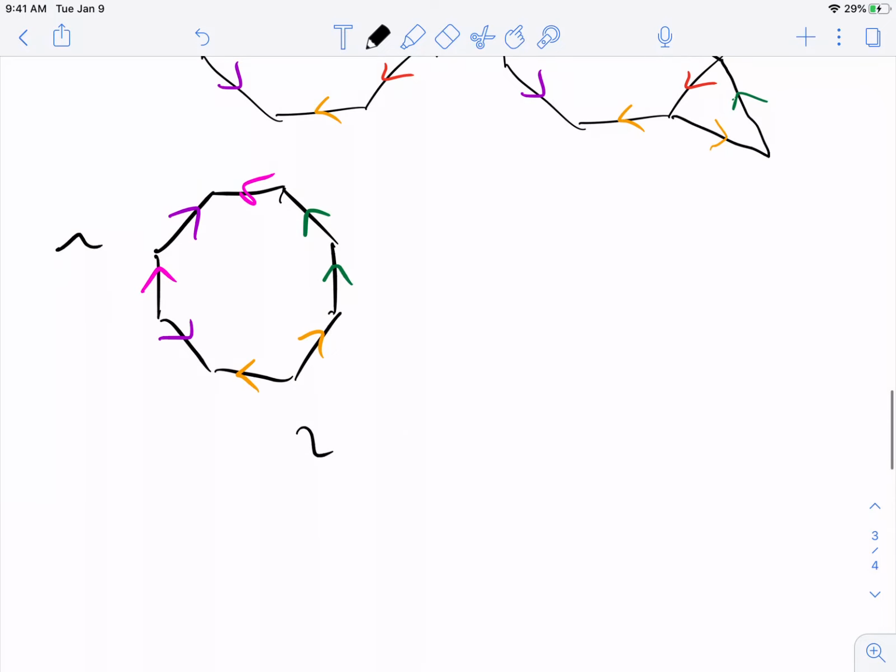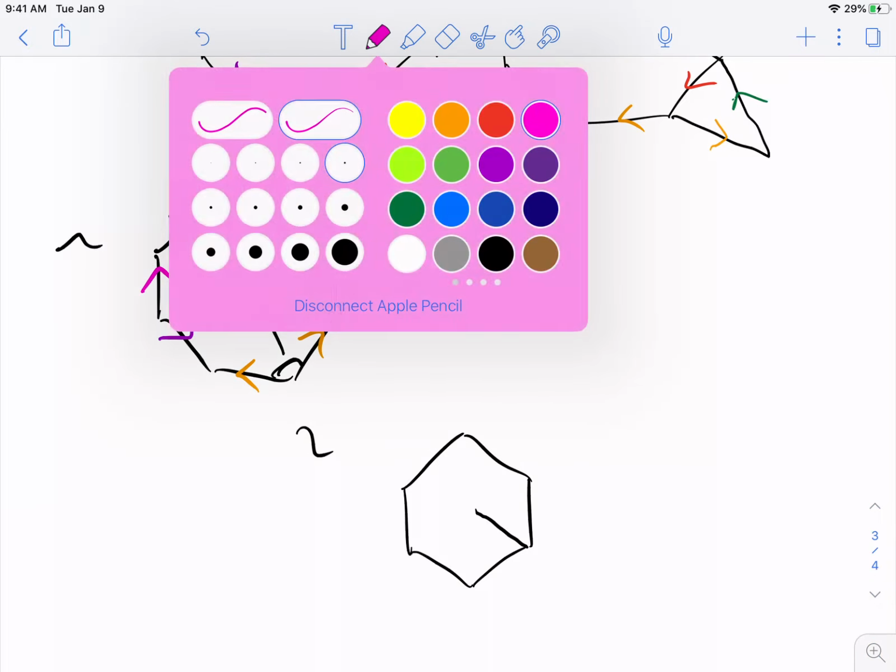So I could stretch this into, basically if I shrink this angle, if I pull this vertex in and shrink this angle down to 0, I can just glue these two orange edges together without any twisting at all. So this can be stretched to something that looks like this.